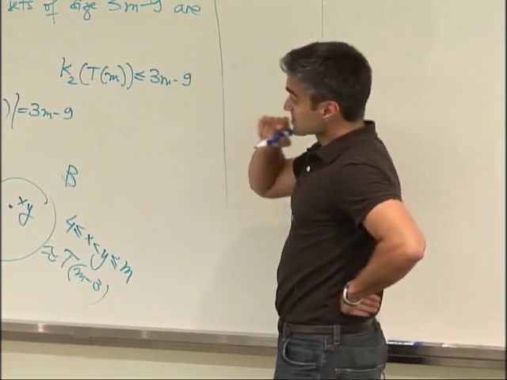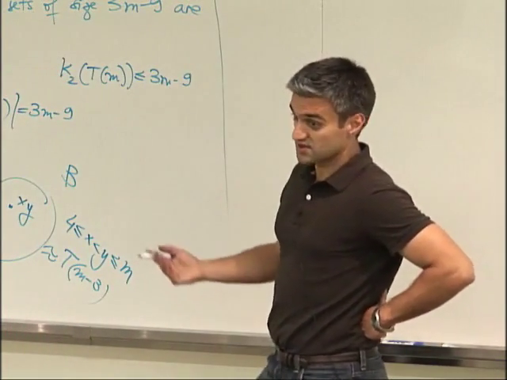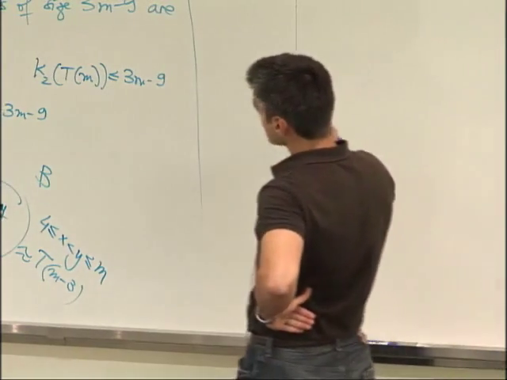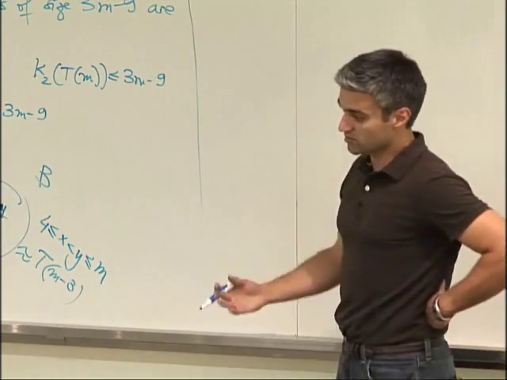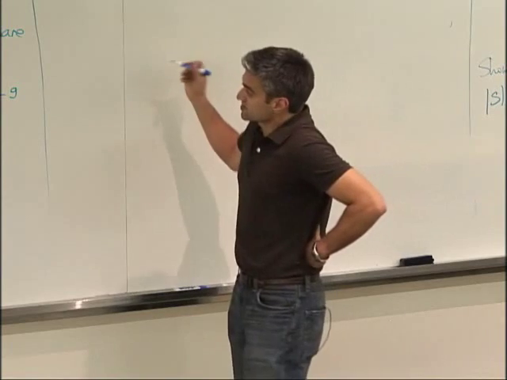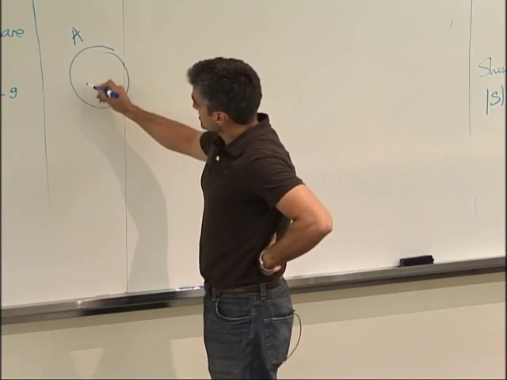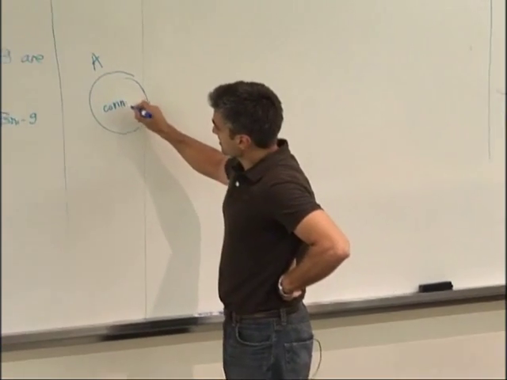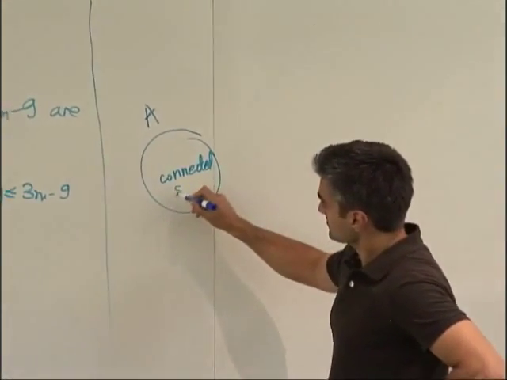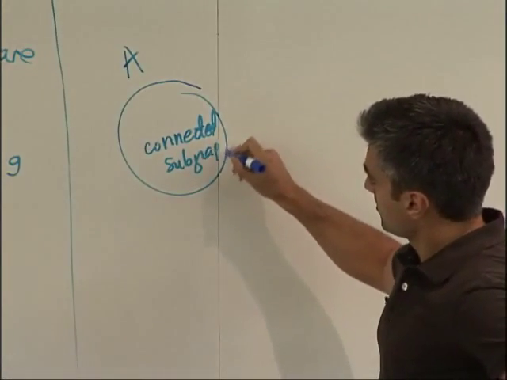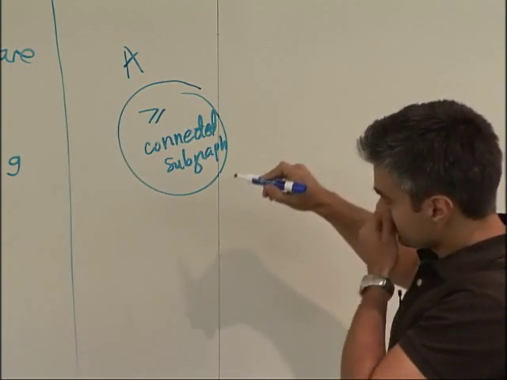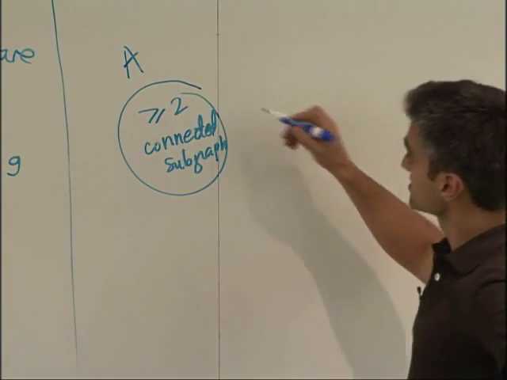How do you know this is basically the exact value? Here, when you're trying to prove a lower bound on this parameter, the picture for us is always the same. You have a set A that induces a connected subgraph on, let's say, at least 2 vertices.